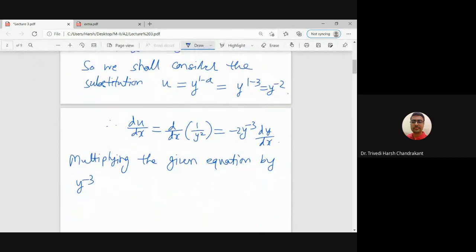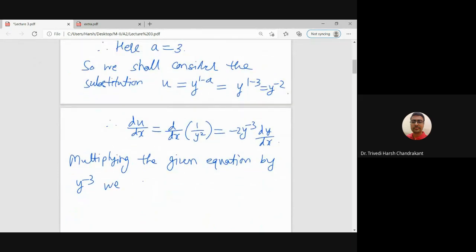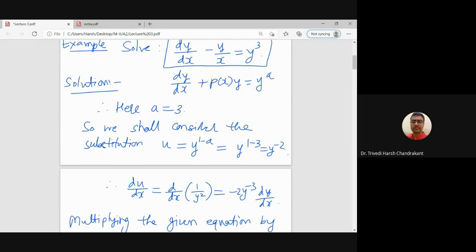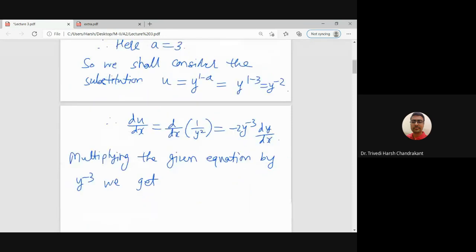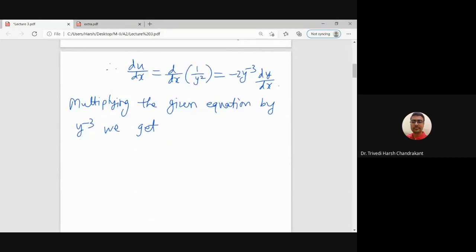So we get a new equation: y^(-3) dy/dx - y^(-2) times 1/x = 1. Therefore we get y^(-3) dy/dx - 1/(xy^2) = 1.